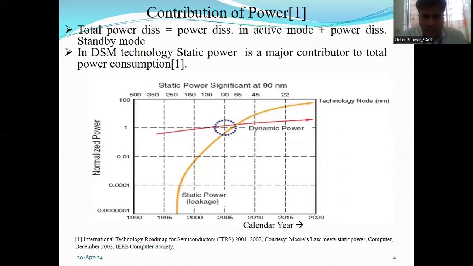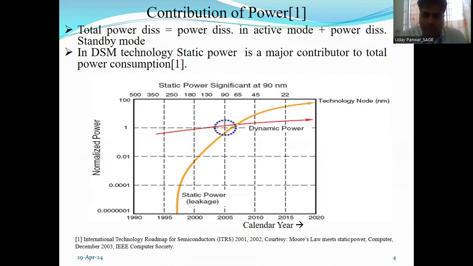As we said, power dissipation is the major concern in our nanoscale devices. These are some facts. This graph is taken from ITRS, the International Technology Roadmap for Semiconductors, and it shows two power dissipations: one is static, another is dynamic power.